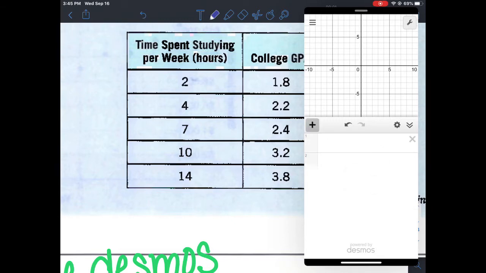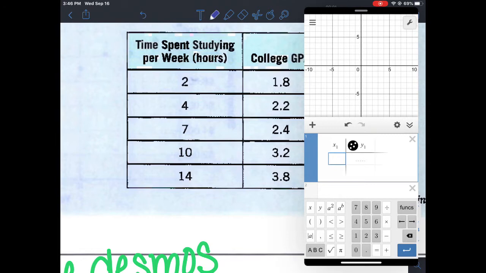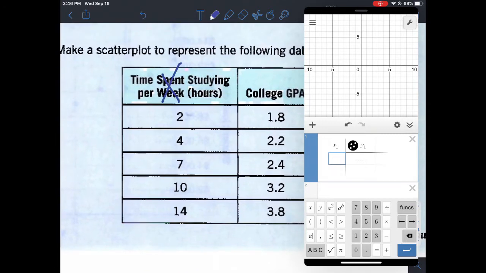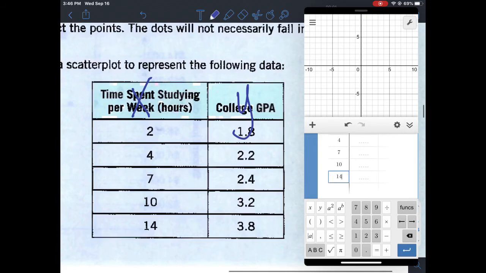Okay, we're going to hit this plus button right here, and then we're going to go table because I want to recreate this table. So I have my X values and my Y values, and I'm just going to plug in 2, 4, 7, 10, 14, and then college GPA is my Y value.